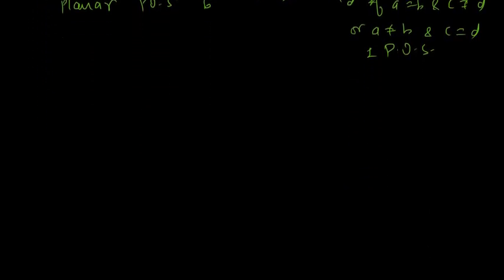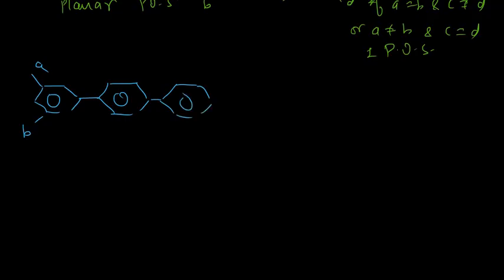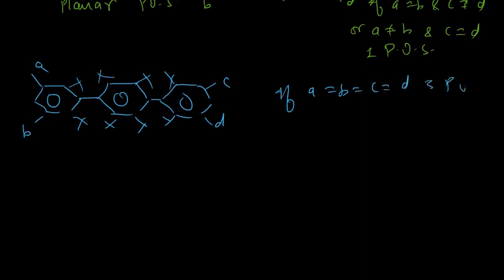Now if you look at the triphenyl ring, it is similar to 3 double bonds A, B, C and D. If A equals to B equals to C equals to D, it has 3 POS.